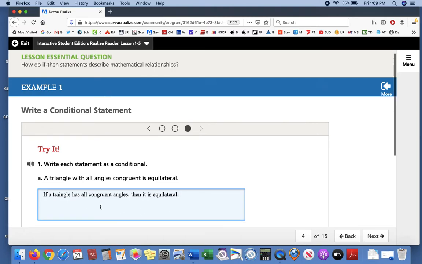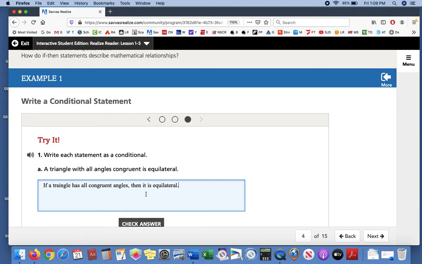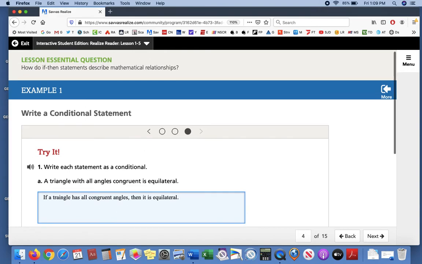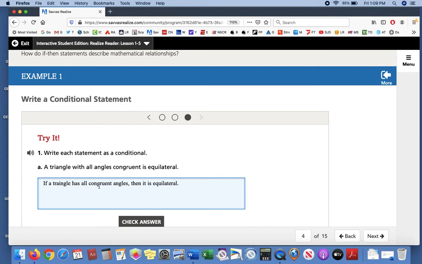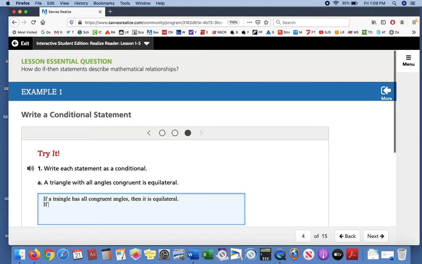I think if I actually reorder that, if I say if all angles in a triangle, whoa, didn't spell that right, triangle, are congruent, then it is equilateral. I don't know. Are they both okay? Is one better than the other?